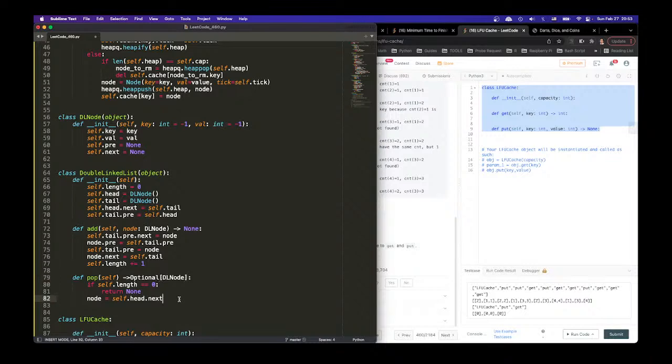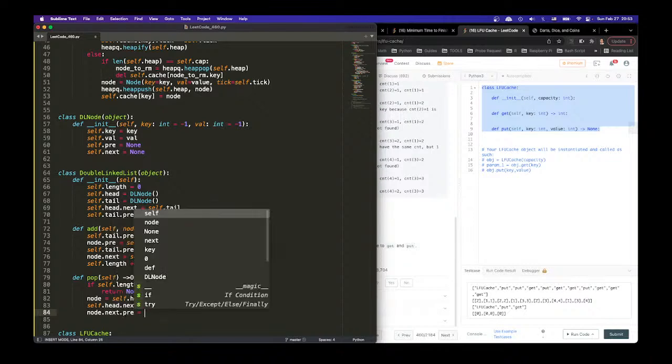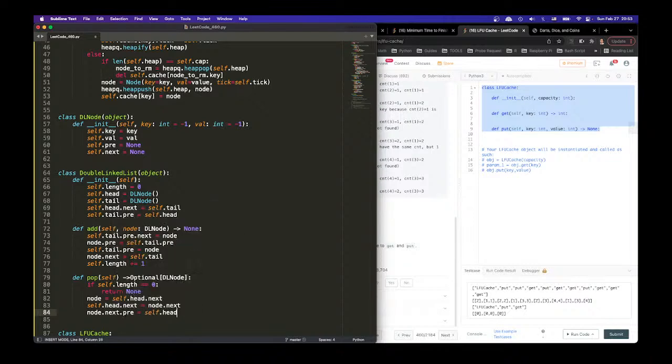Otherwise, node is the node to be returned, and then we say self.head.next equals node.next, right? And node.next.pre equals self.head. So head.next we handled, and node.next.